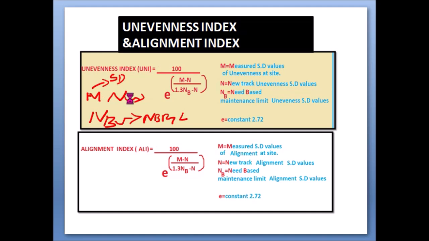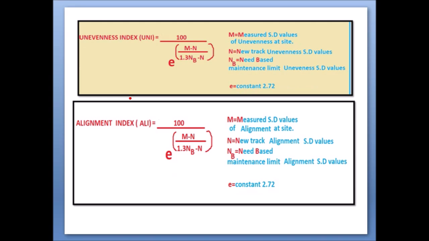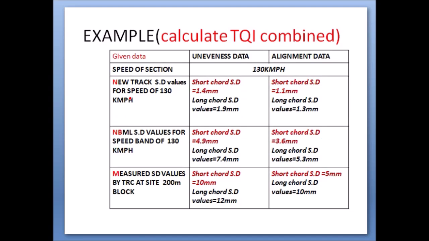Now let us find M, N, NB from the data given. For unevenness and alignment they have given N, NB and M values for short chord and long chord.